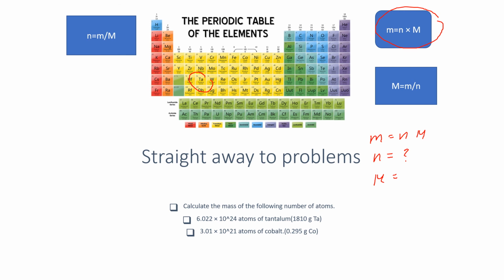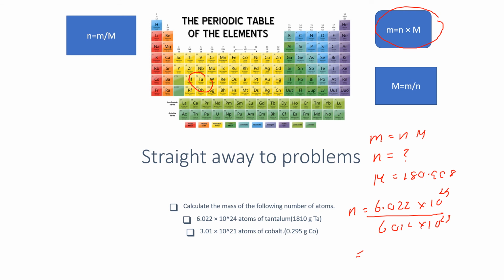Okay, this is the tantalum. That's got 180.998. Simple n, how do you get the simple n? Simple n equals how many Avogadros of atoms. So simple n equals 6.022 10 to 24 divided by Avogadro, 6.022 10 to 23.